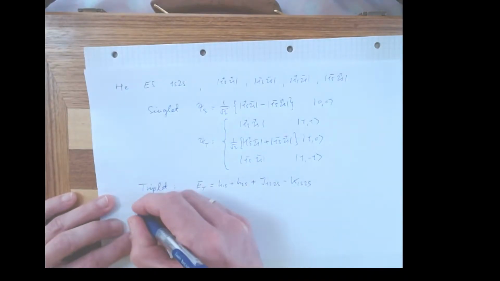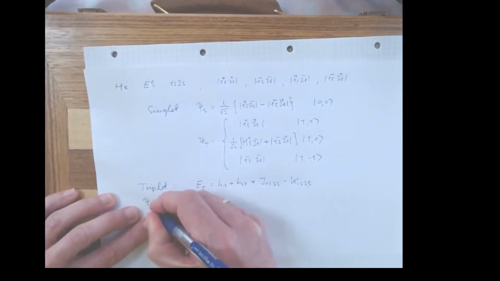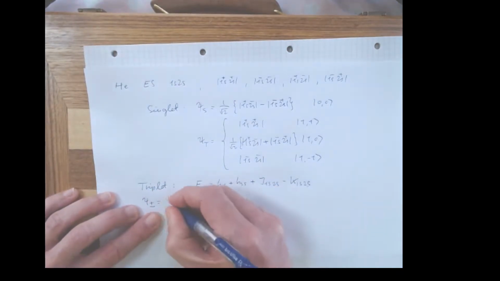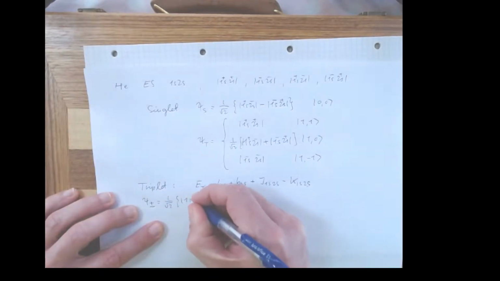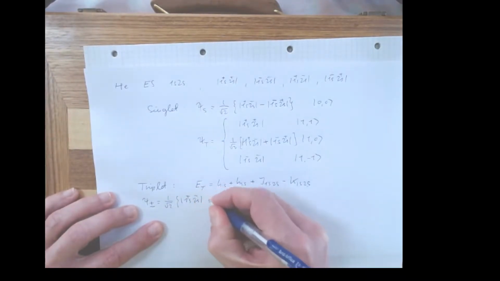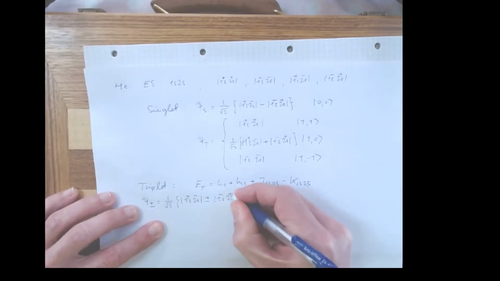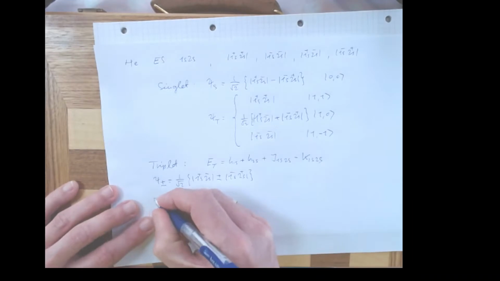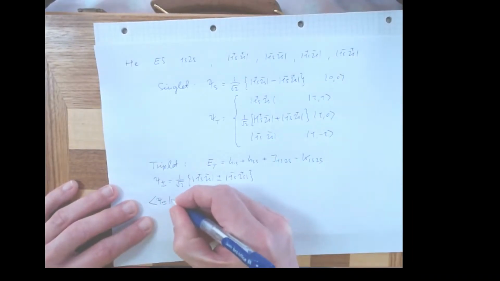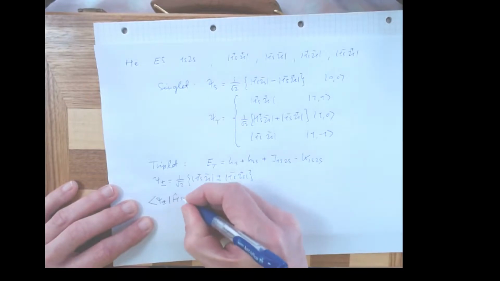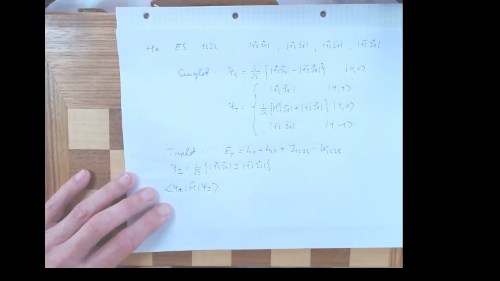So let me use the notation phi plus minus, just to have both of them as this one plus or minus this one. And what I'm trying to calculate are these expectation values.